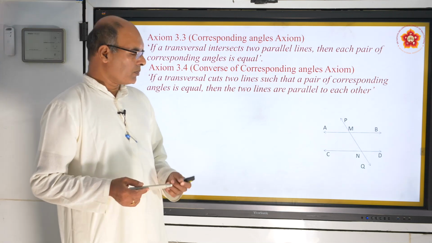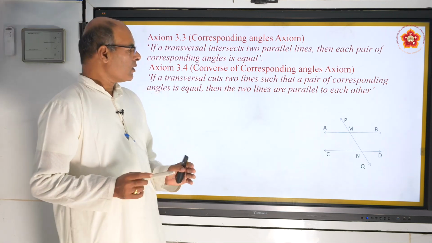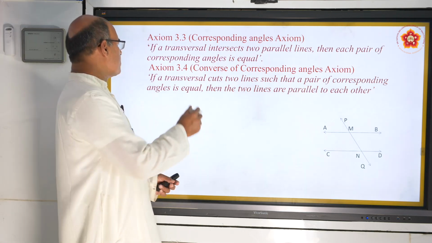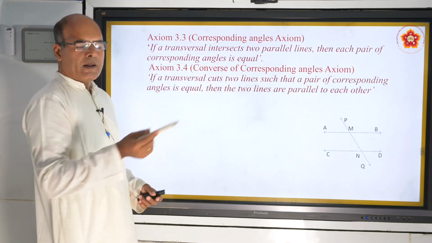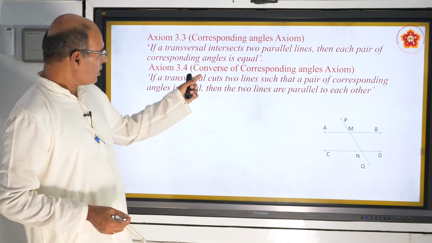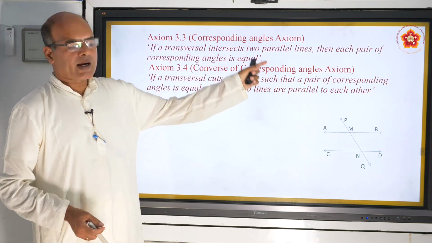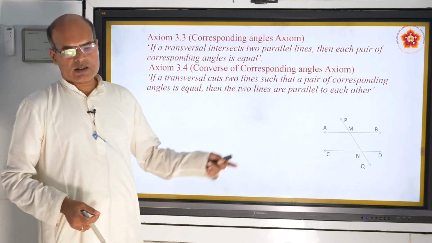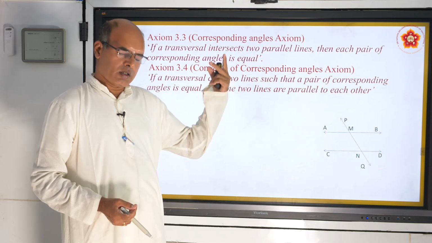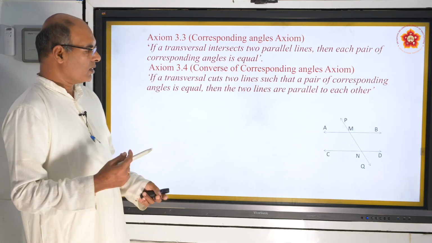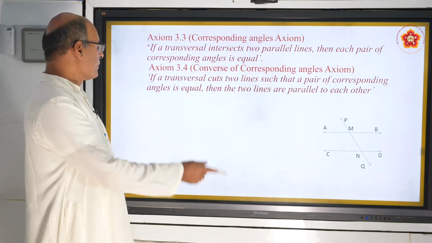But in your textbook, this statement was taken as an axiom, called the corresponding angle axiom. It is accepted as true. Based on the Euclidean fifth postulate, this axiom is actually derived.